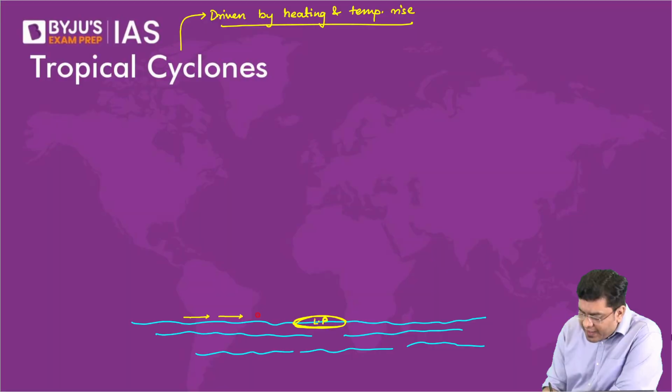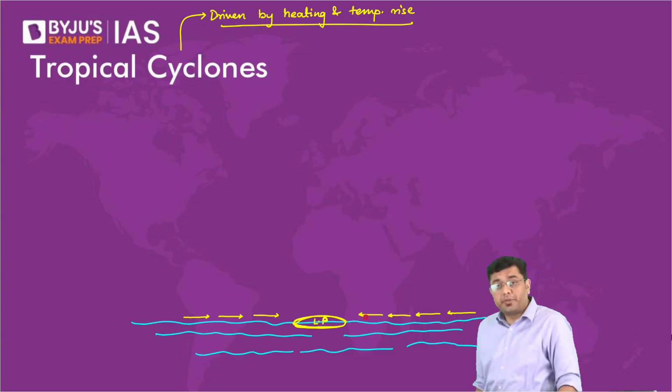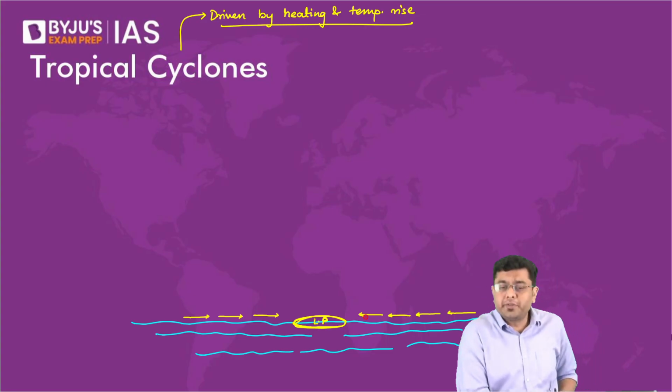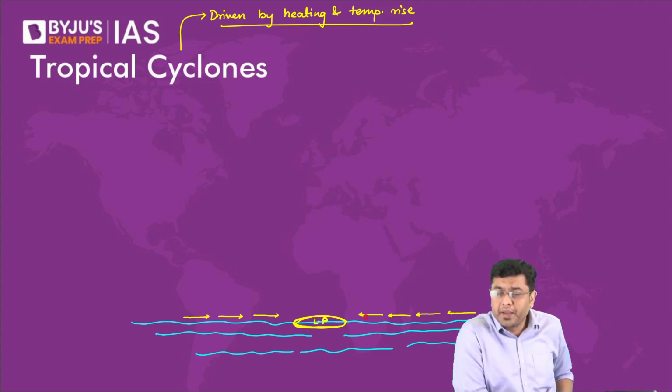Now, if I ask you the property of this air mass which is getting attracted, about the temperature as well as the moisture presence, what can we say about the temperature and moisture presence of this air mass? Can we say that this air parcel will be warm because it is the tropical waters?